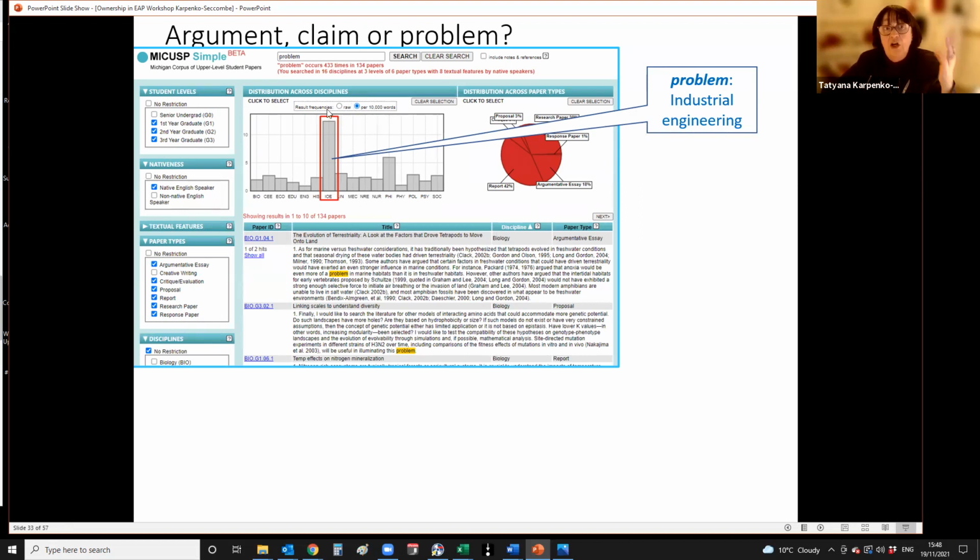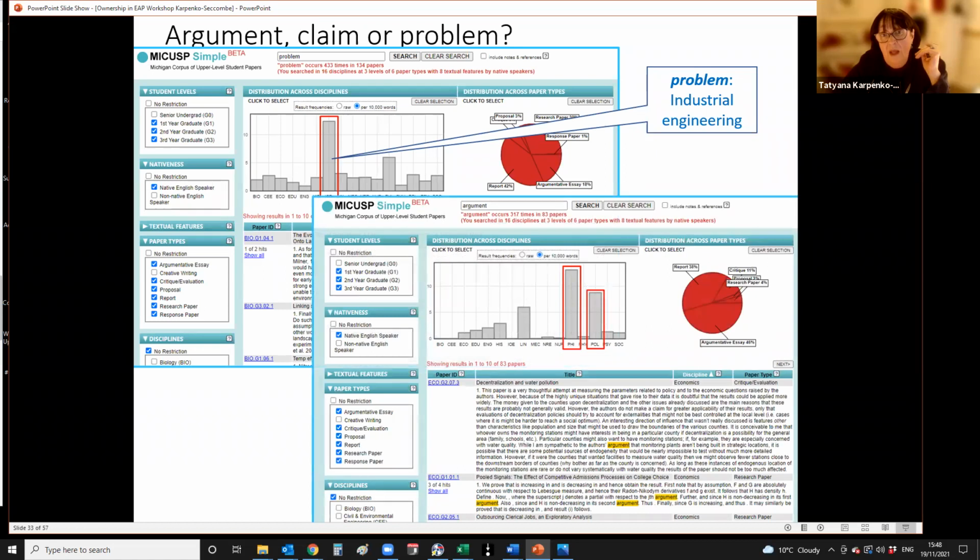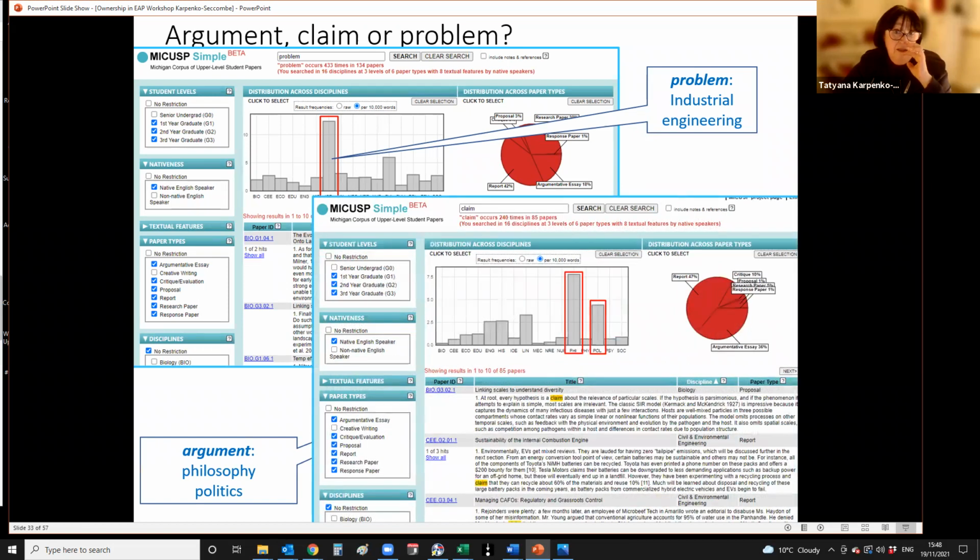Industrial engineering uses problem quite often, much more often than other areas. And if we look at argument, then argument is much more frequent in the papers on philosophy and politics. And also I decided to check claim.